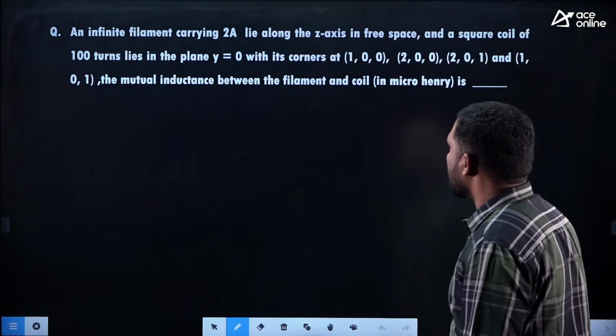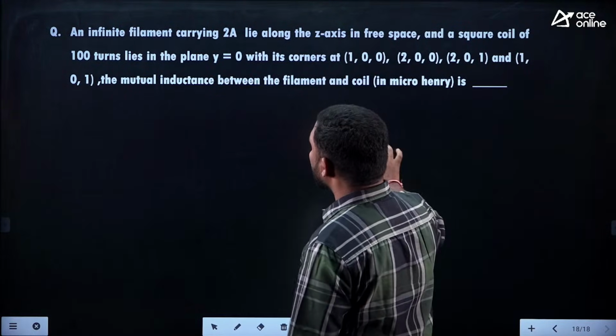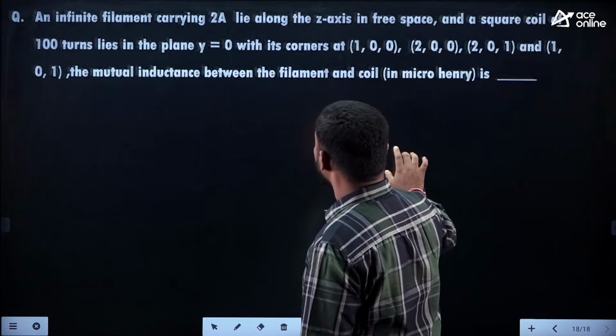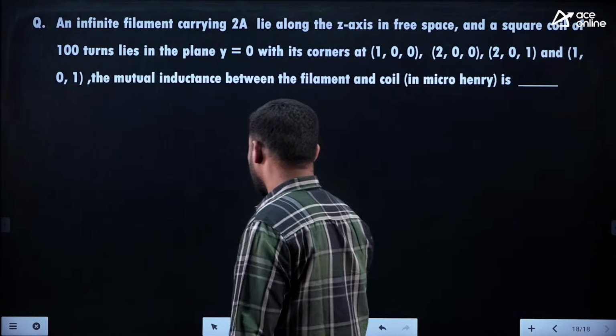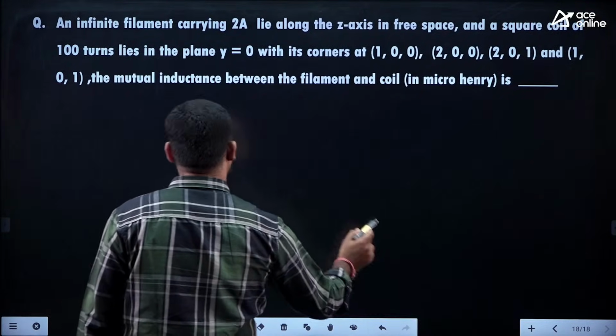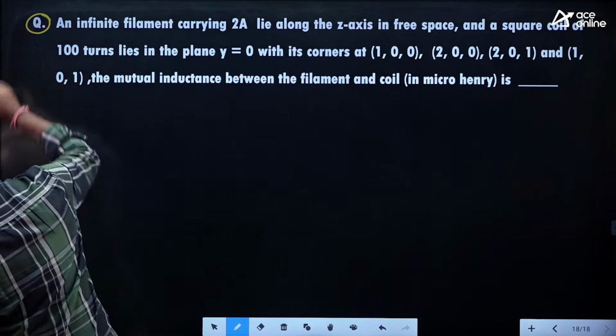So let us take something interesting one. So here is a question, something related to the inductance calculation. So the mutual inductance calculation. It is not a regular circuit theory question, something different.